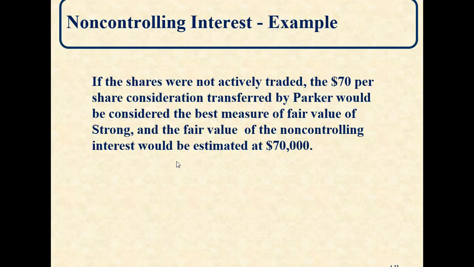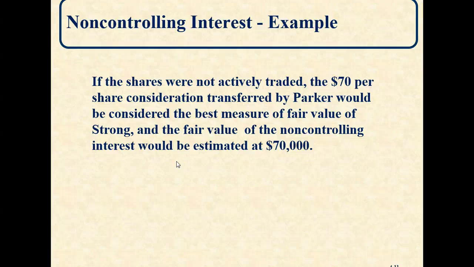Right now, this is sitting on the market. We bought it for $70 a share because we wanted controlling interest, but the others are still just going for $60 a share. If this was a company that wasn't actively trading on the stock market, why would we buy the company for more than the fair value? If we can't really determine the fair value, we'll assume it's what someone's willing to pay for.